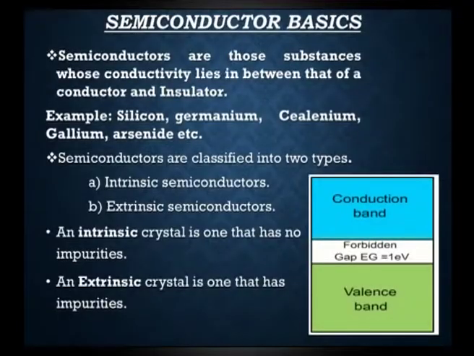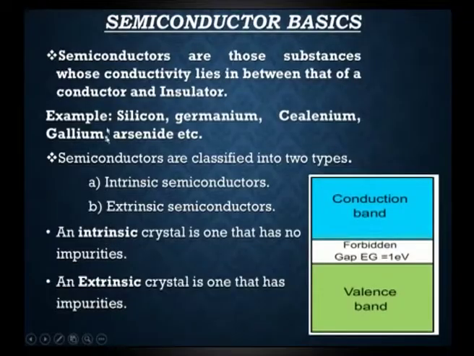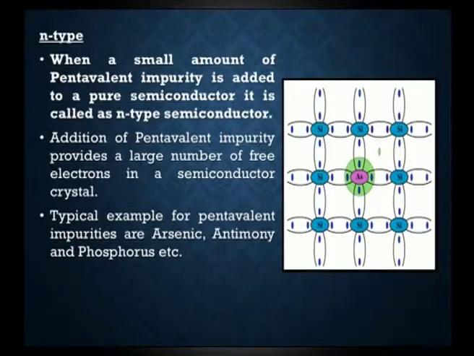When impurities are added to the pure semiconductor material, it is called extrinsic. Examples of semiconductors are silicon, germanium, selenium and gallium arsenide. Next we move on to N type and P type.